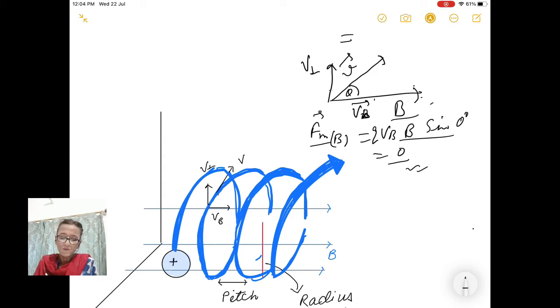So a charge which is at some angle theta with the magnetic field will have two components, one perpendicular and one parallel.